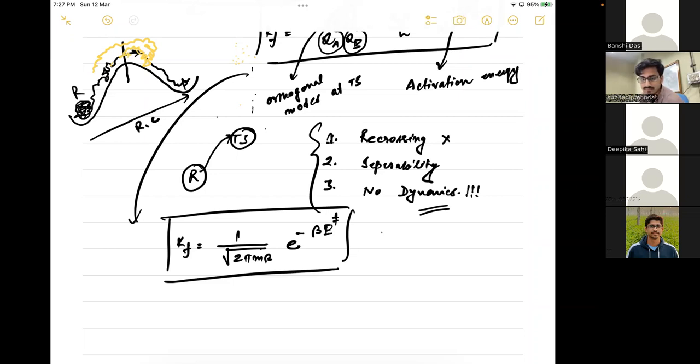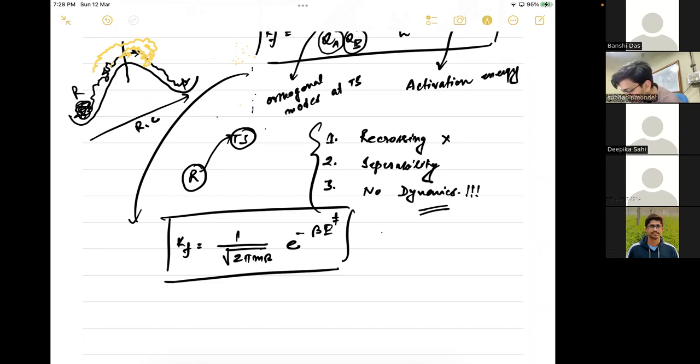But then we are still taking into consideration the dynamics. We're not throwing away all the dynamics, are we? Yeah, we are throwing away all the dynamics here, because once this assumption is there, once it crosses, then the reaction is happening. But actually, dynamically, what is happening?